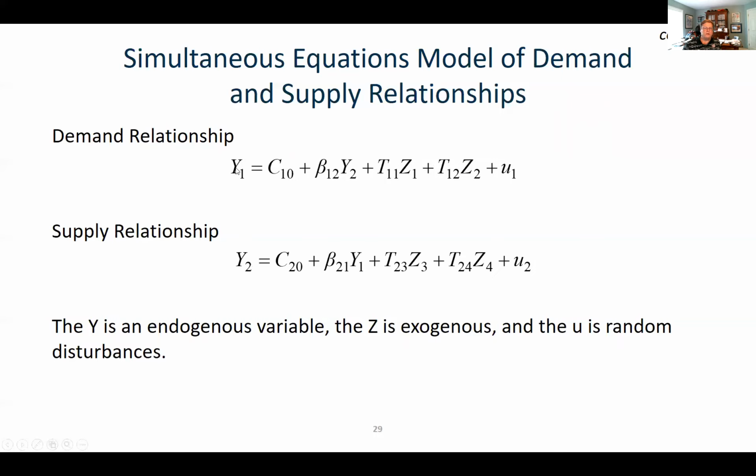Now, let's suppose we have the A matrix and the C matrix in play. That is, there's a one period lag of exogenous variables, or a one period lag of endogenous variables.